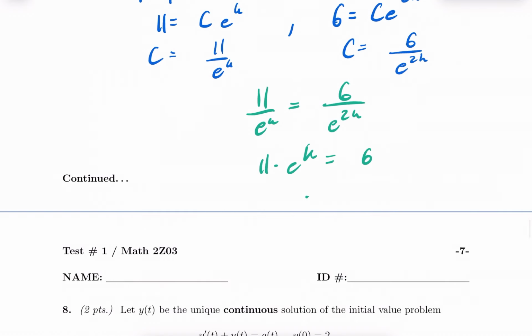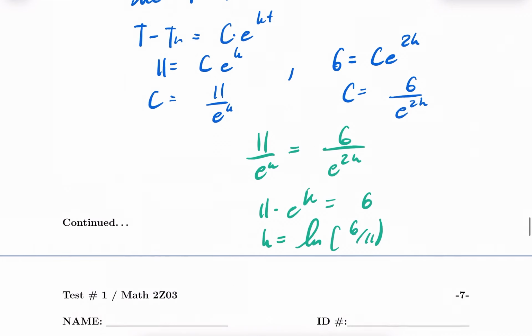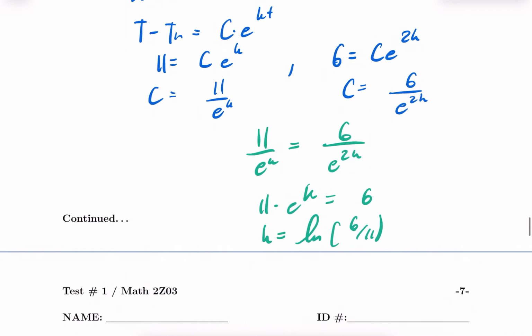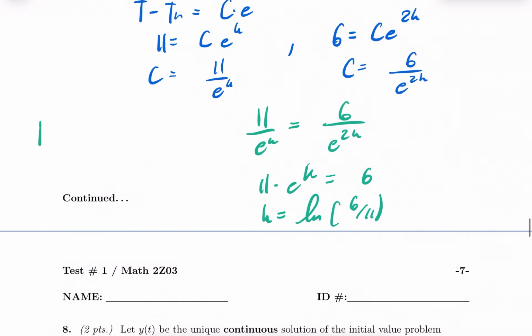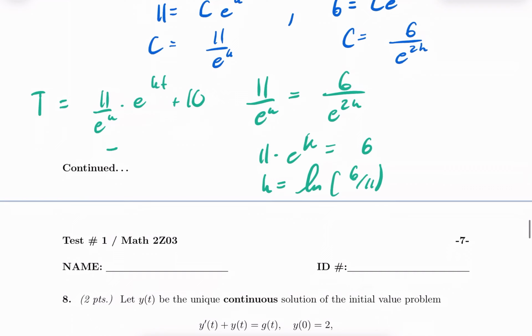And I'm just going to speed up a little bit. k equals ln of 6 over 11. Cool? Amazing. Now, I plug that back into any one of these two, it will work. But I plug it back into here, let's just say. I'll have T equals 11 over e to the k times e to the kt plus 10. They want T at 0.